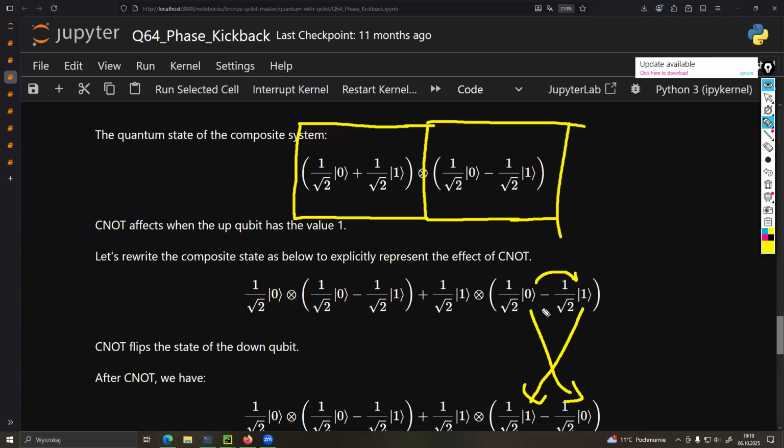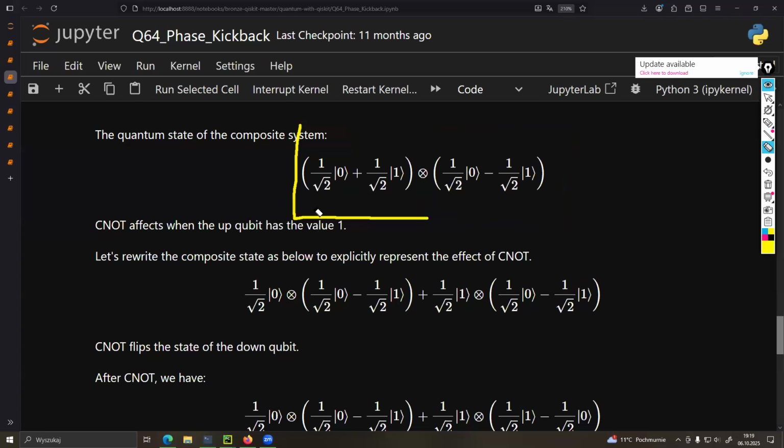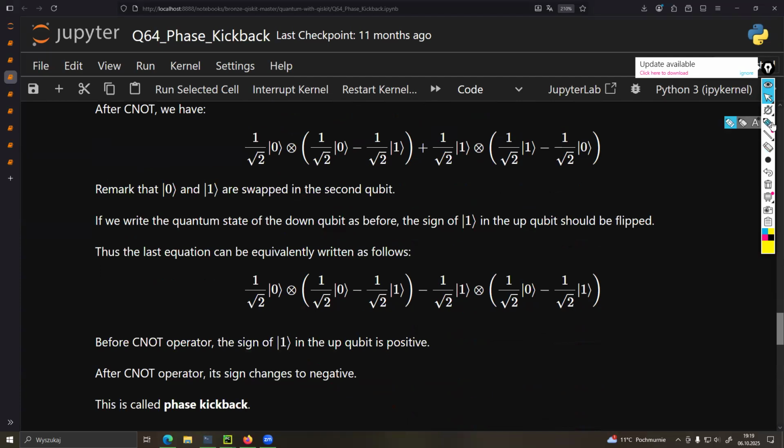These two change places. Now if I rewrite, this is after our C naught operator. C naught resulted in this flip.